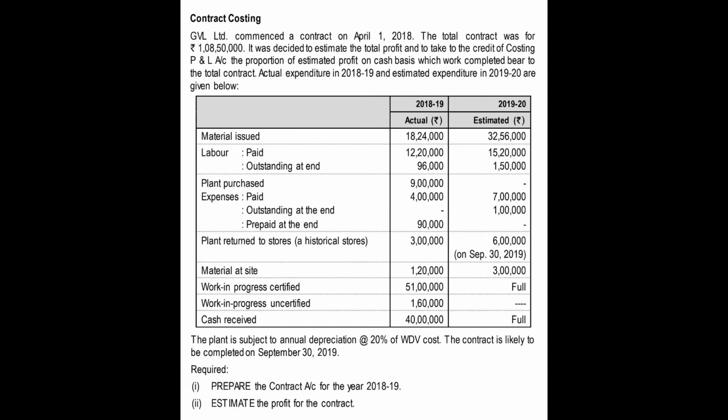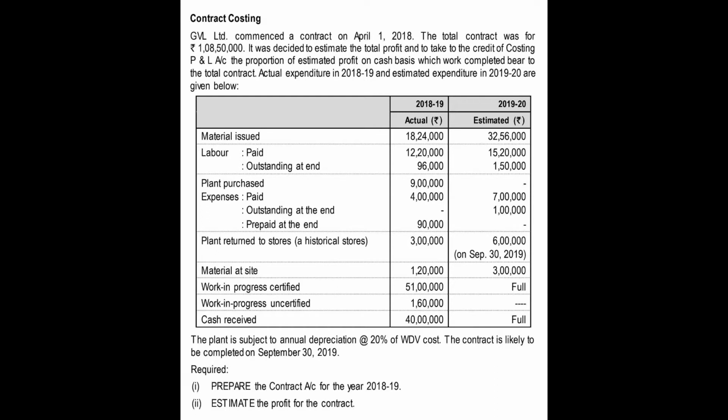Cash received is 40 lakhs and full. The plant is subject to annual depreciation at the rate of 20% of written down value. The contract is likely to be completed on 30th September 2019. You are required to prepare the contract account for the year 2018-19 and estimate the profit for the contract.